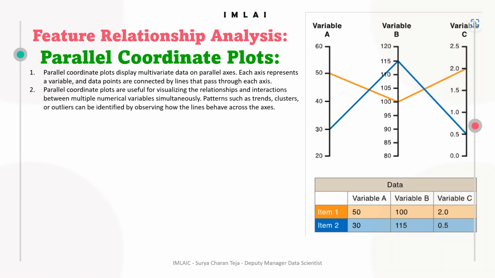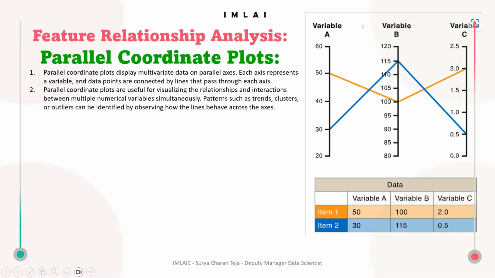So you have three columns here, or three features. That's why it is very important in feature relationship analysis. You have three features here, and each feature has taken an individual axis. Now it has two rows. That is the reason you got two lines.